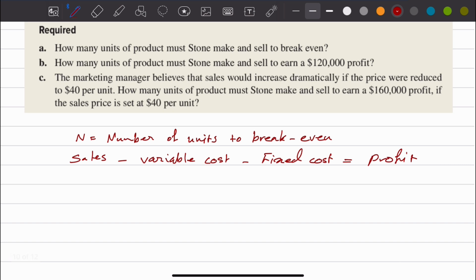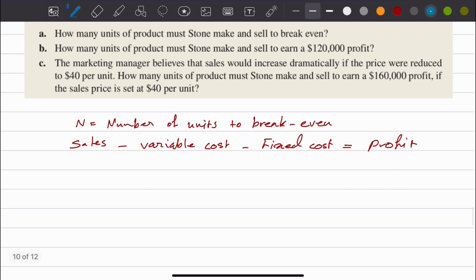So based on both of these, we can split the first term. Since we don't have the total sales, we don't know what would be the total sales at the break-even point, but we know that it should equal the selling price, let's call that P, multiplied by N, which is the number of units.